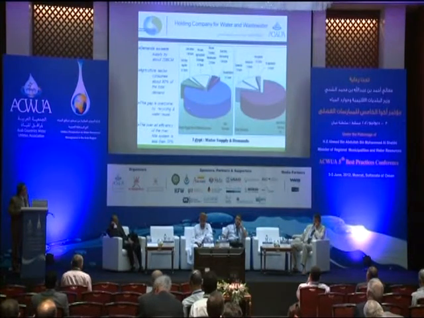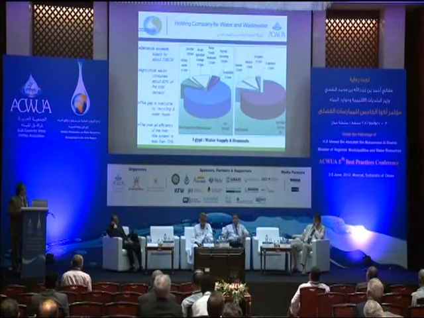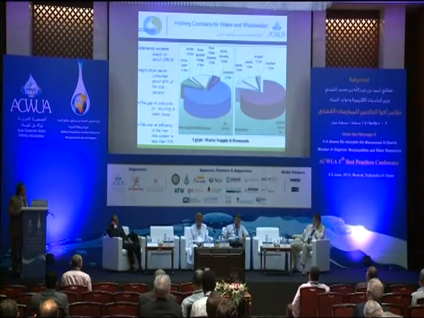You see, for the Egyptian situation, in water supply versus demand, the demand exceeds the supply by more than 20 billion cubic meters per year. Agriculture alone consumes more than 80% of the water demand, and the gap should be covered by applying what we call recycling and wastewater reuse.